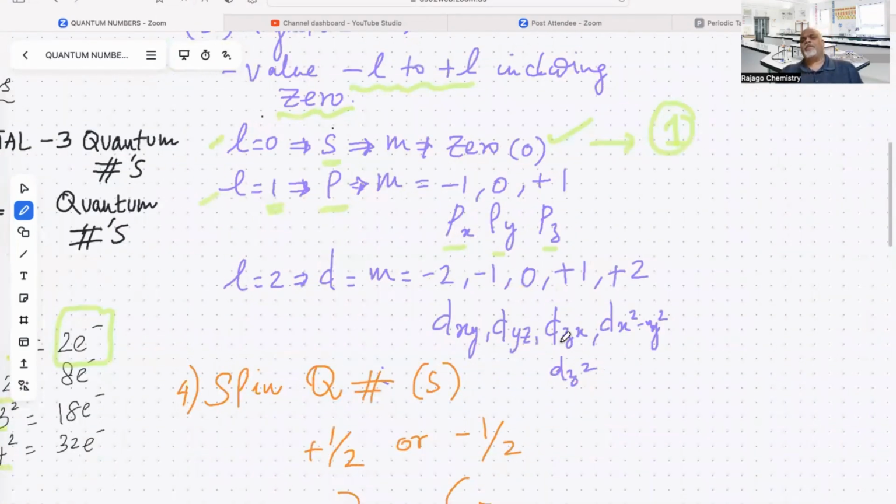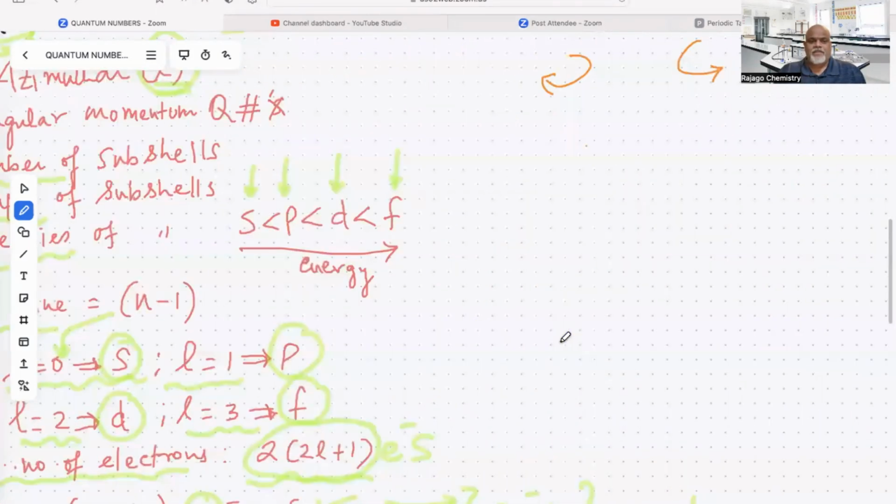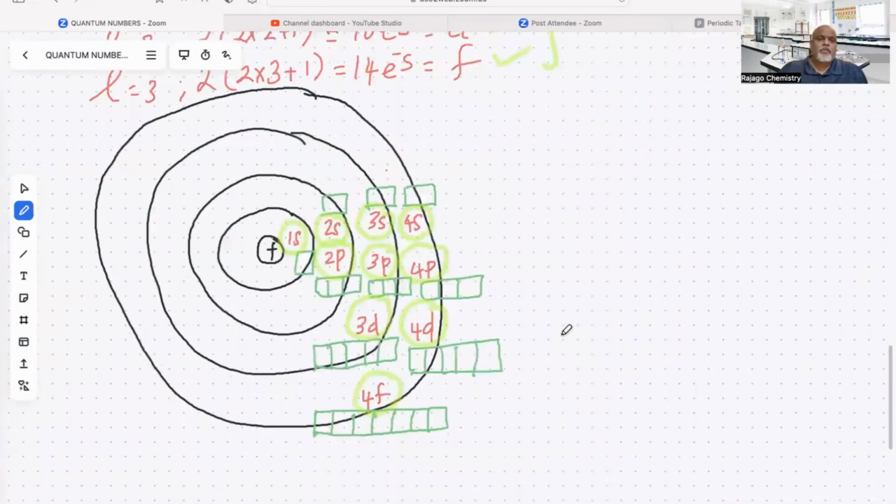So it is going to have dxy, dyz, dzx, dx square minus y square, and dz square. So you have 5 suborbitals. When you fill up the electrons, you're going to fill them up like this.